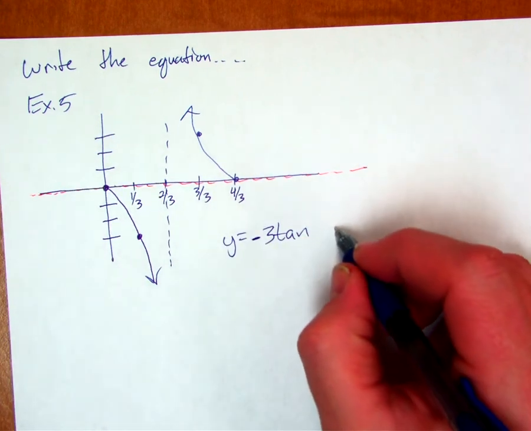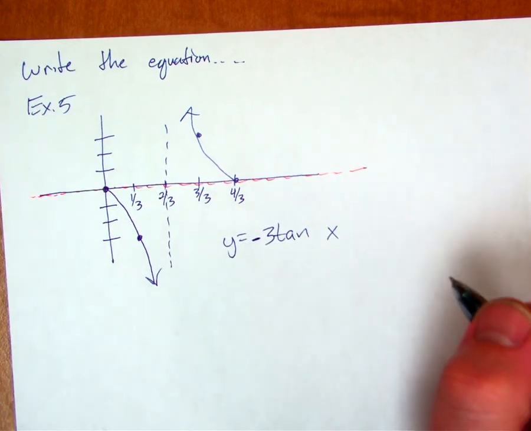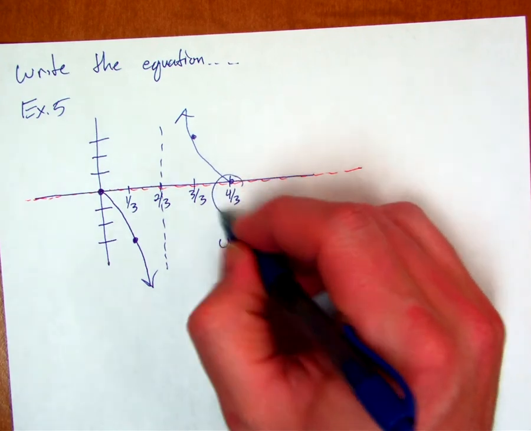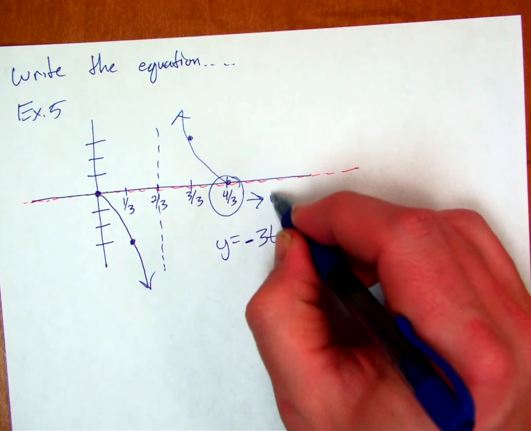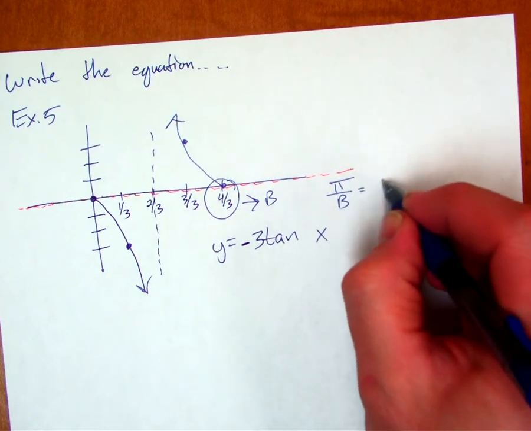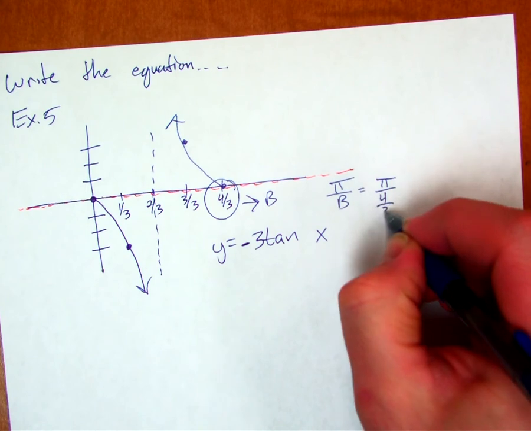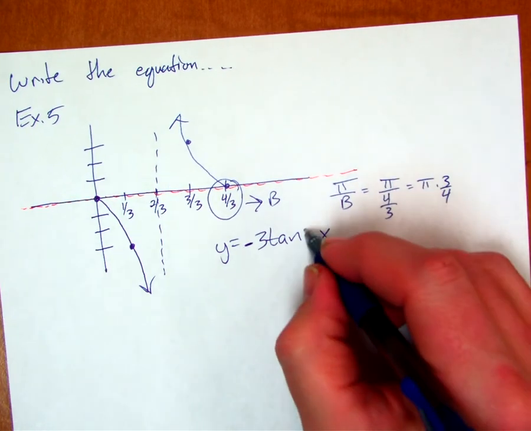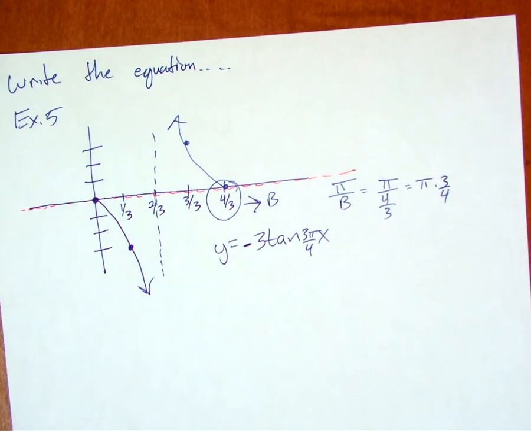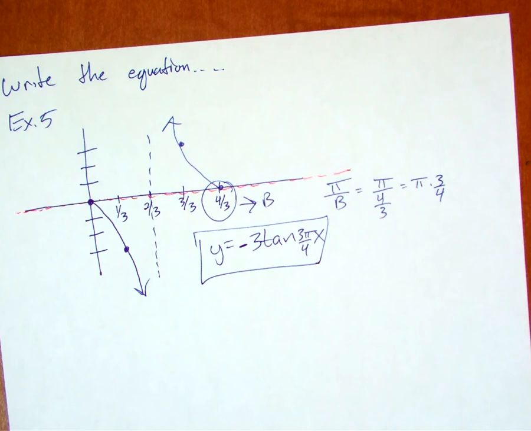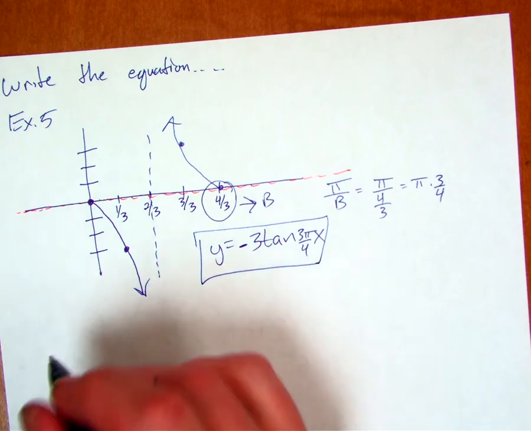The only thing you're missing is B. Just like with sine, cosine, secant, cosecant, you always take your last point of the periodic behavior and plug it in for B. Your formula is now pi over B, so when you plug this in and flip and multiply, you're going to get 3 pi over 4. You just wrote the equation of that trigonometric function.